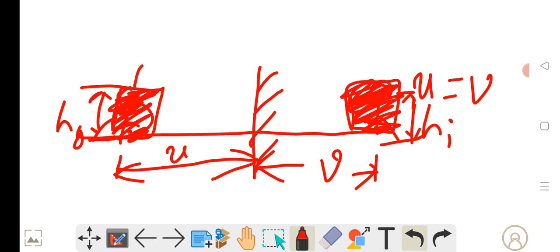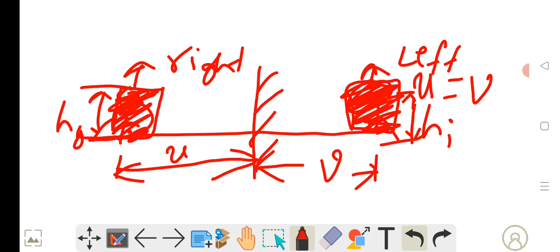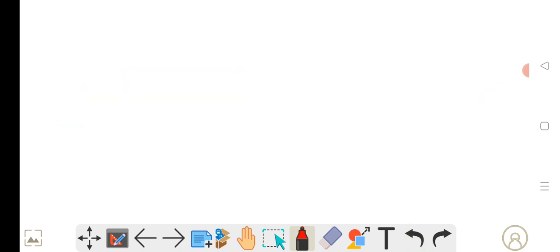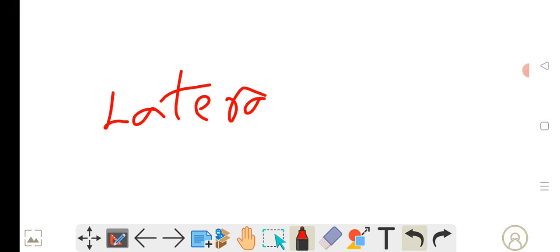If you just raise your right hand, you will see the left hand is raised. That means the image is not on the same side; whatever rises on the right side, in the mirror when you see, it will be on the left side. So this change of side, what we call is lateral inversion.